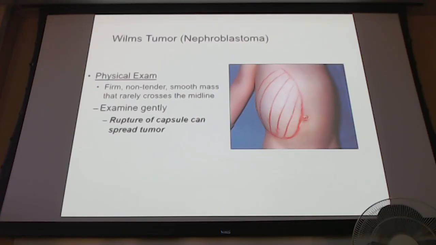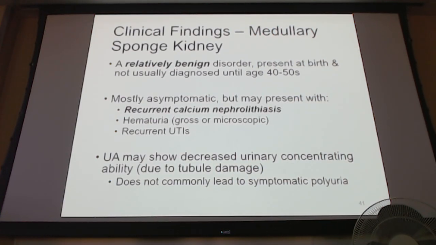All right, there's your nephroblastoma again. Pediatric condition, mostly, rarely crosses the midline. Remember that. Patients with medullary sponge kidney usually have degradation in the renal function?